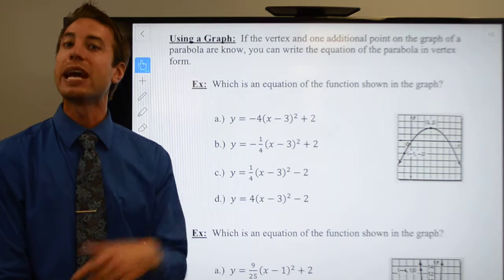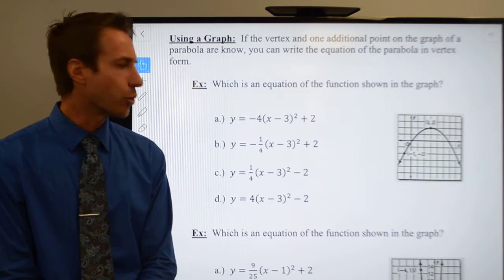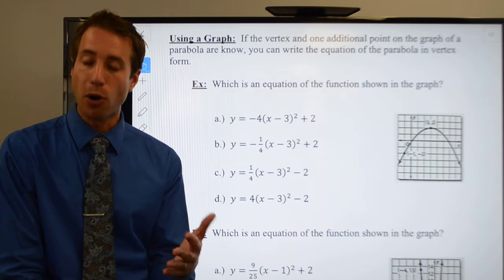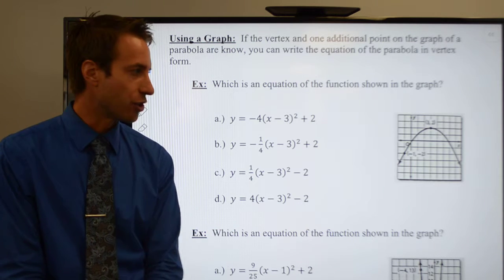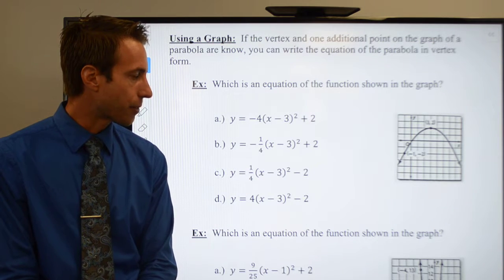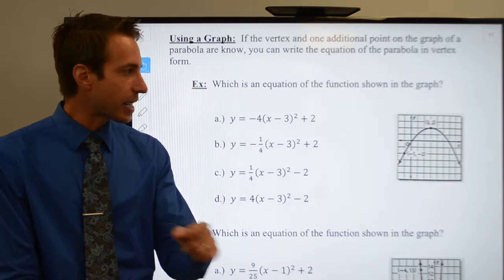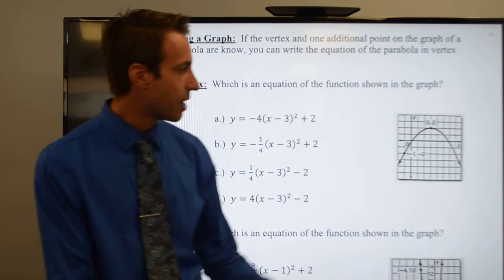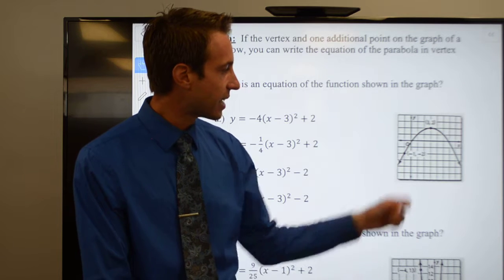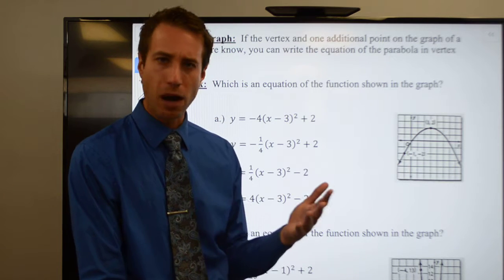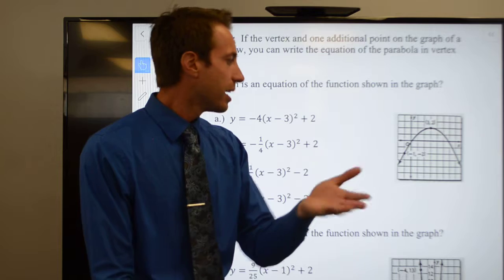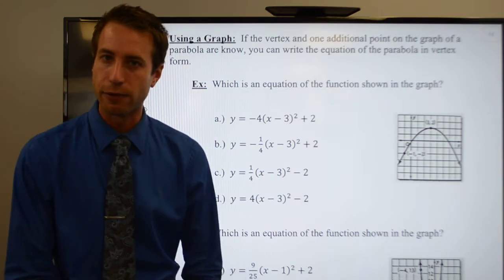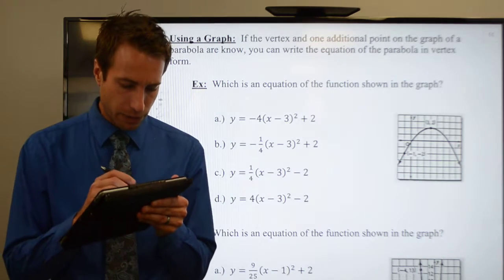Now, there's two ways to do this, and I'll show you both of them, and you just use whichever one you feel more comfortable with. Quickly notice right here that in the graph I have given you a couple of points. First, I've given you the vertex, and I have given you some other point on the parabola, in this case (-1, -2).